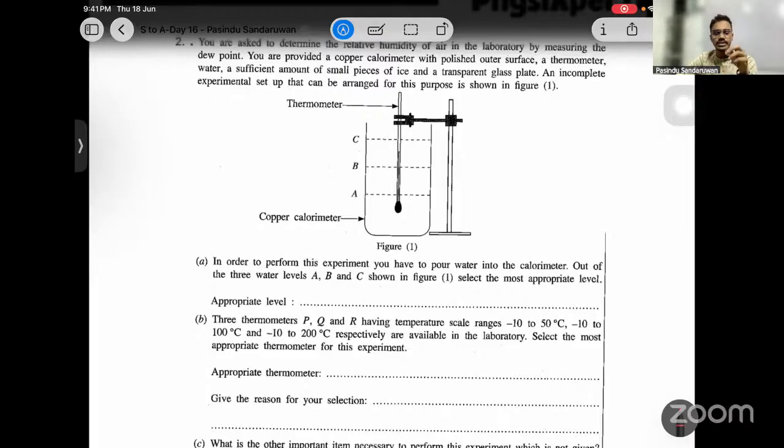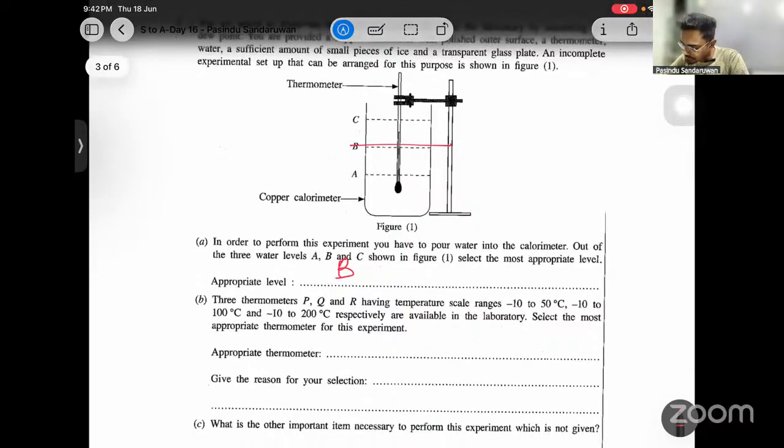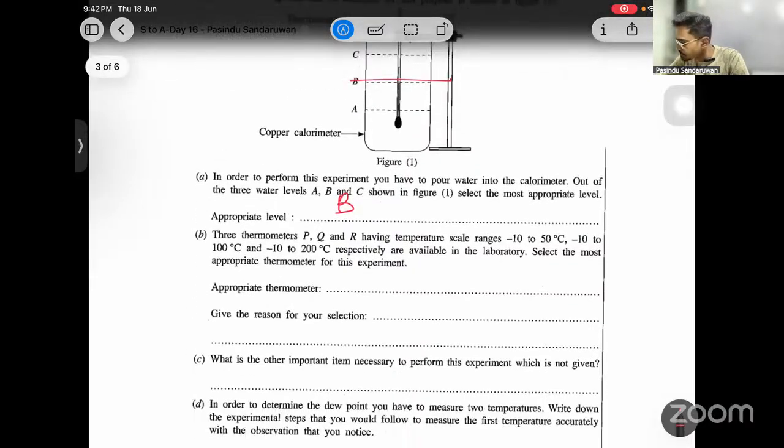When ice is dissolved, it can spill out if that was too high. And A is too low. Then if the amount of water is not enough to dissolve ice, again we have to do it for a very longer period of time. So appropriate level is B. Usually again 2H over 3 from the calorimeter.